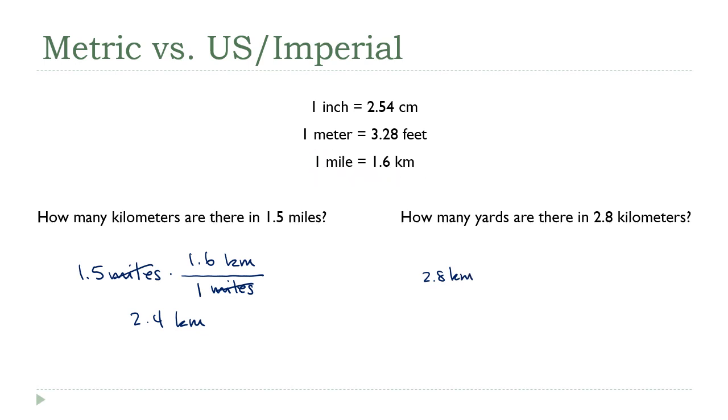I'm going to go from kilometers to miles. Then I'm going to go from miles to feet. I know that conversion factor from our previous conversation. And then I'm going to go from feet into yards.